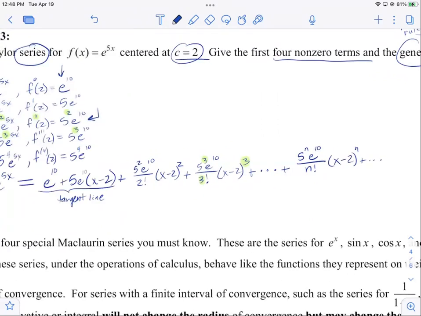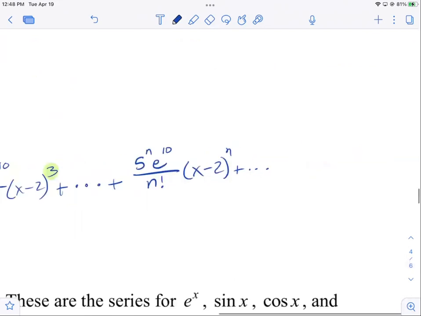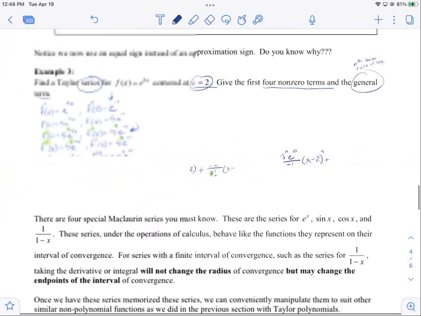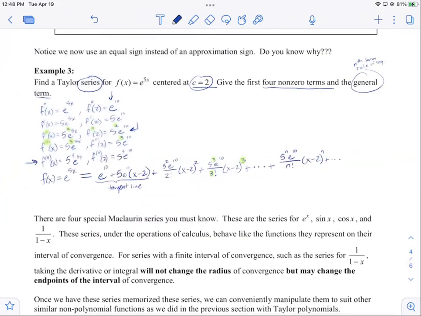Yeah. And again, that captures the pattern. So I don't need to worry about when n is 1, do I get the first term? It captures the pattern. Now, if this were a follow-up question that said to find the interval of convergence, in fact, let's add that on there. Find the radius of convergence.